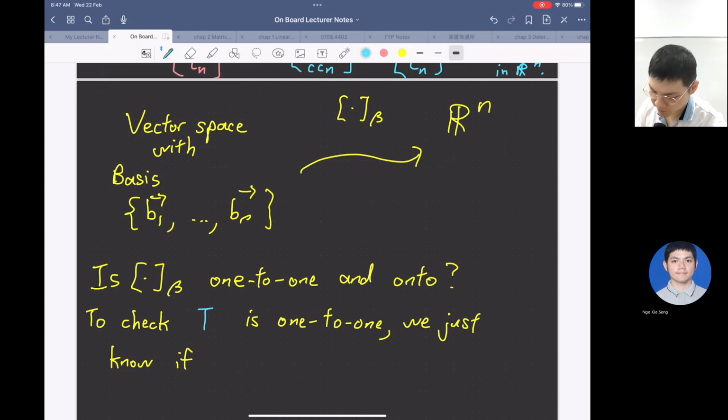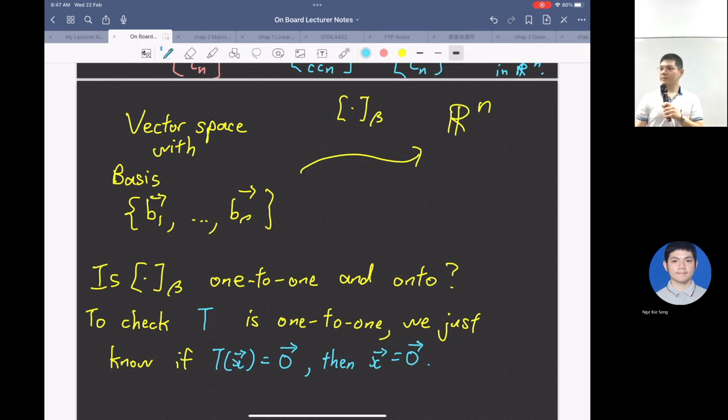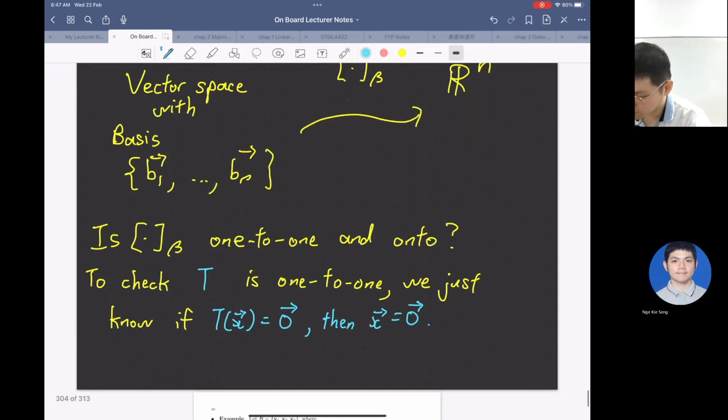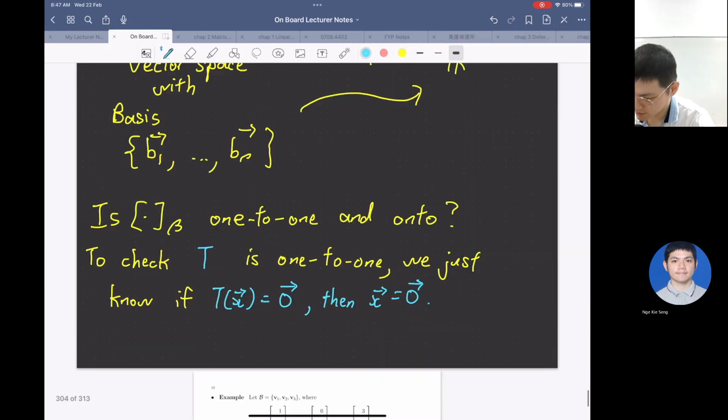To check T is 1 to 1, we just need to know if Tx equals 0, then x is equal to 0. Just recall what we did last time: Ax equals 0, then x has to be 0. So the null space is only the 0 vector. So this one is important. Let's do it.